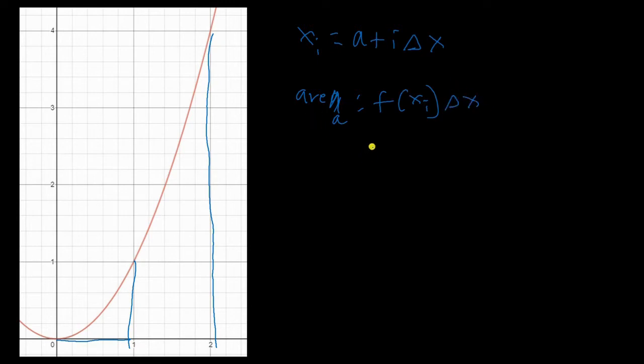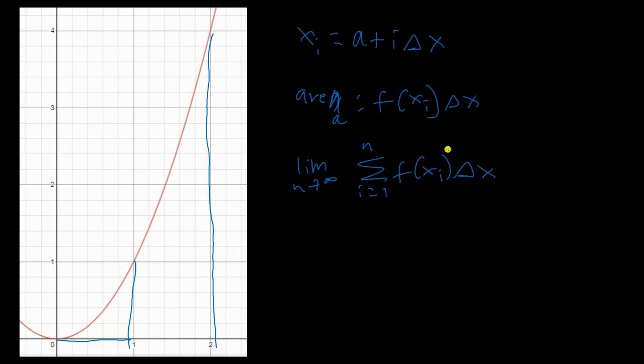The total area is going to be the sum of the rectangles, all the rectangles added together, and as the number of rectangles approaches infinity, the estimation becomes more accurate. Therefore, I can write the limit as n approaches infinity of the sum of the area for each rectangle.